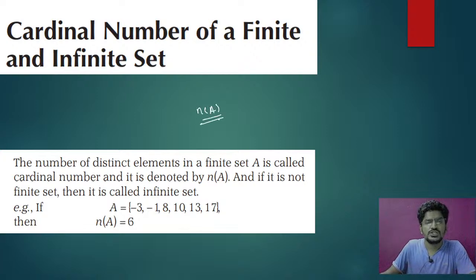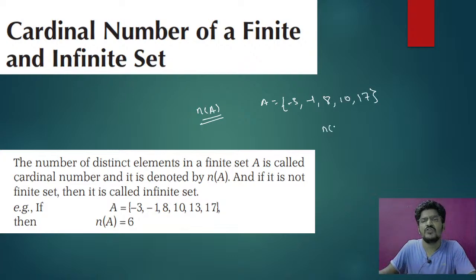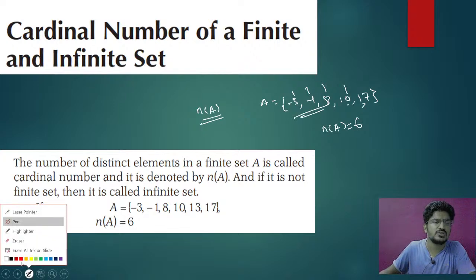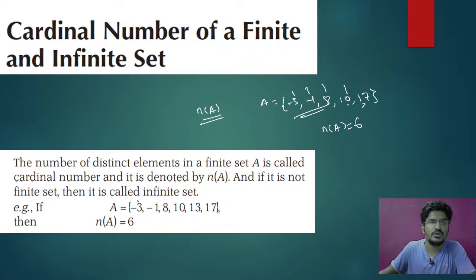Now from this you can say n(A) for the given set A equal to {-3, -1, 8, 10, 13, 7}. Counting: 1, 2, 3, 4, 5, and this is 6.